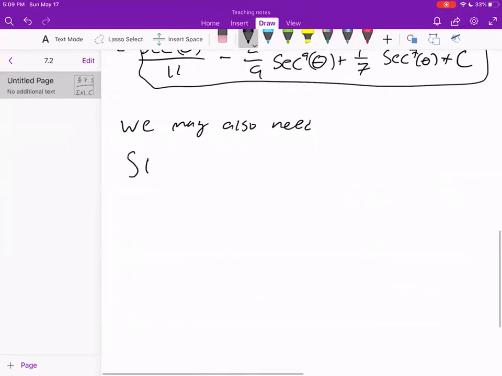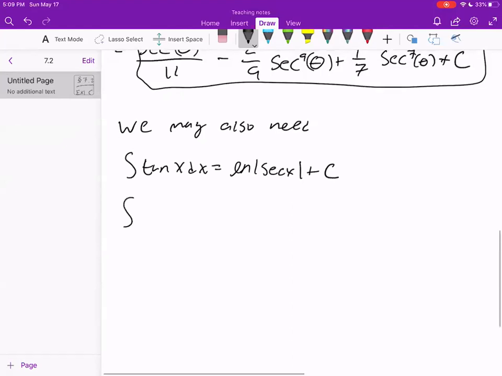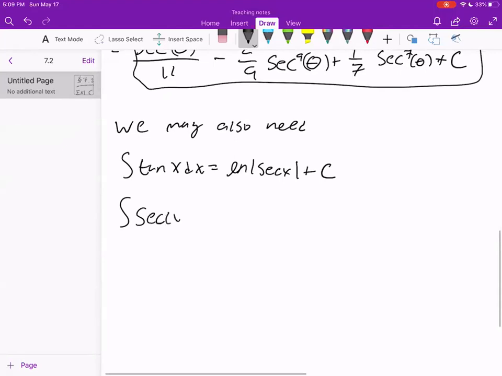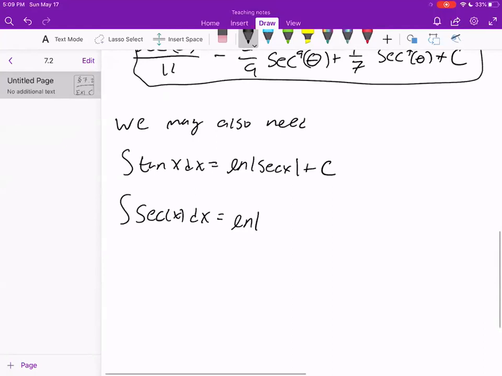The integral of tangent x dx, and you can do this one by u substitution, but we're going to go ahead and write down a formula for it. And we also may need the integral of secant x. This one is going to be a little more complicated. This is the natural log of secant x plus tangent x, plus a constant.